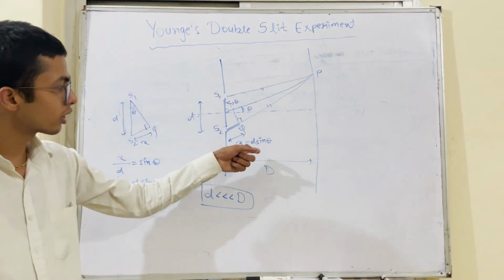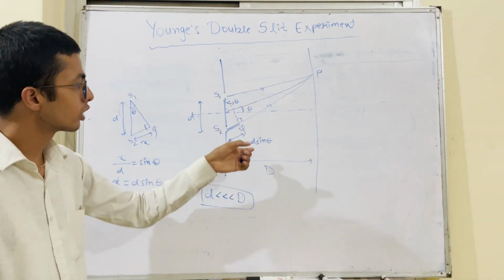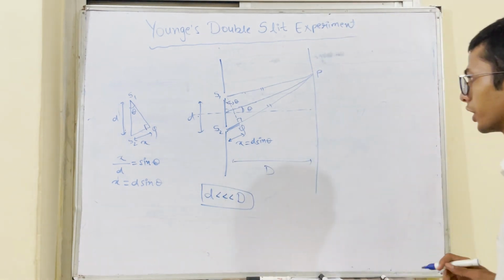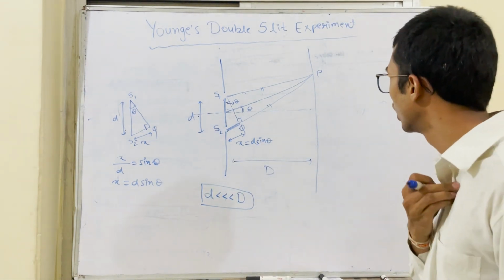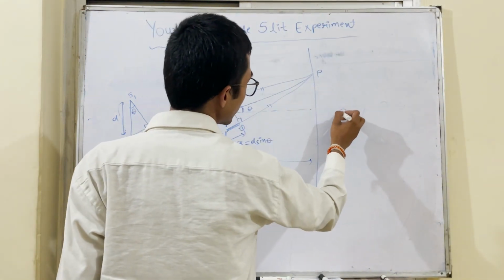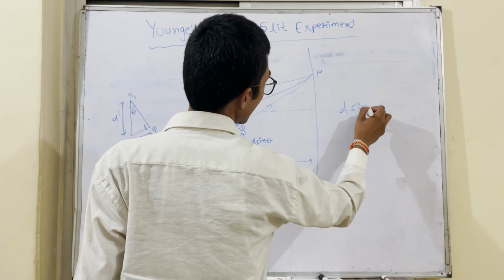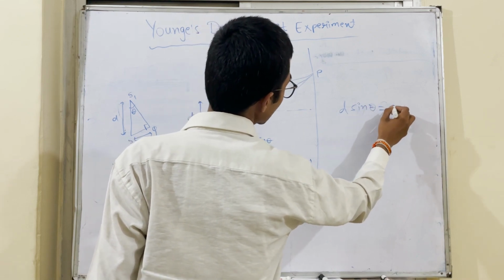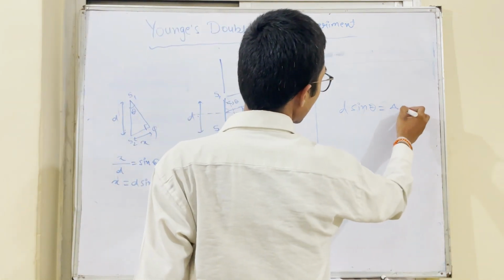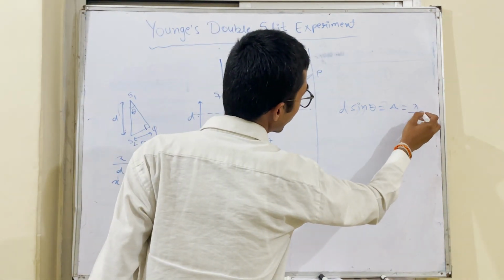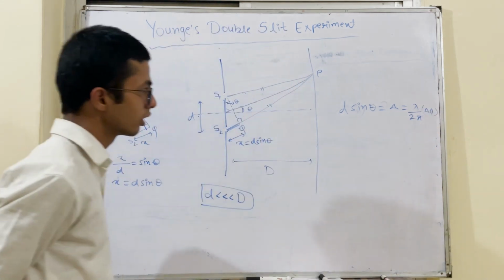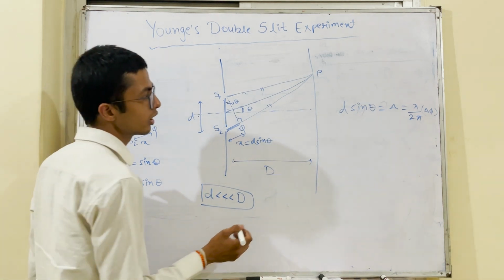So if I see, the actual path difference here is only D sin theta, which is equal to delta, which I can also write as lambda divided by 2 pi delta y, that we have seen previously.